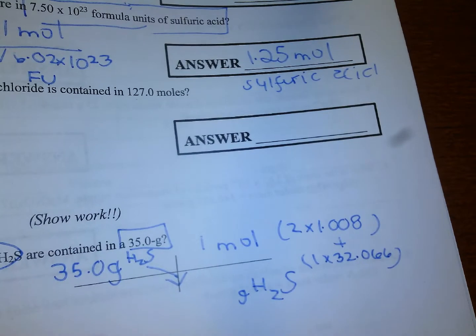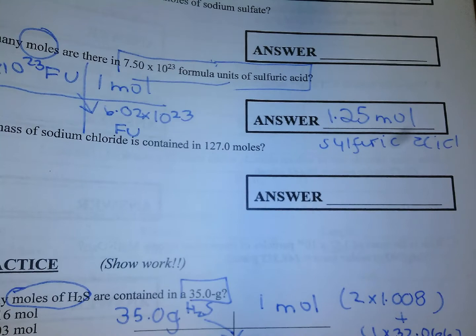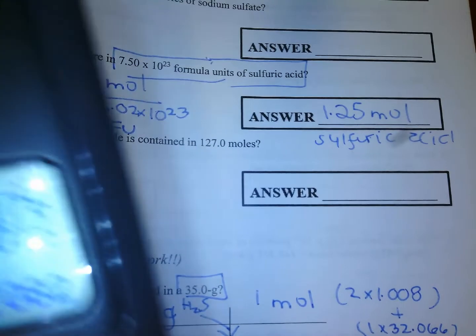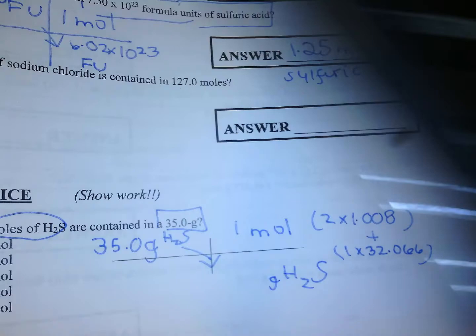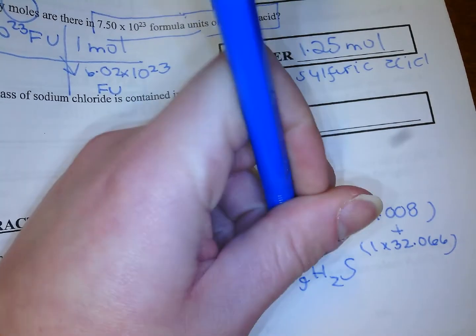And we're going to plug that into our calculator to give us the number to put down here. So I'm going to put that in my calculator. And so my molar mass that goes right here is 34.082.